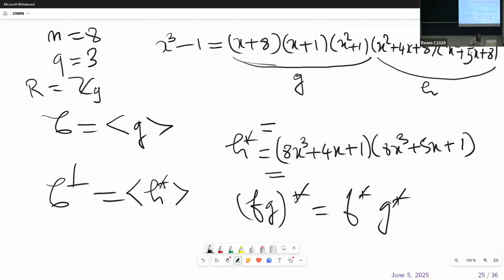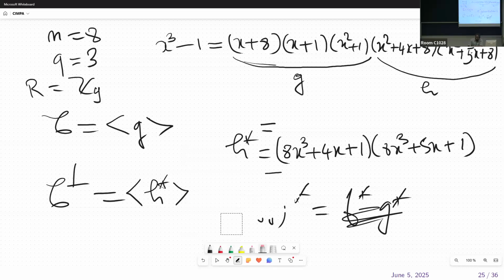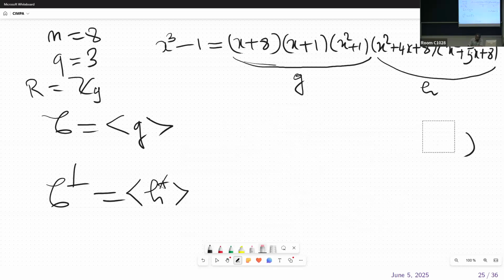How many free cyclic codes are there? You take this example, you compute d, the monic divisor of x^8 minus 1.